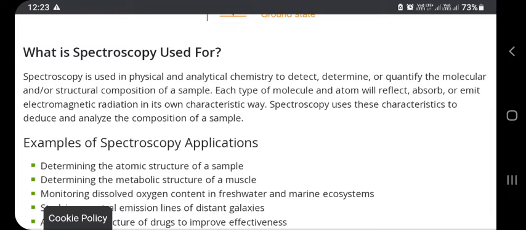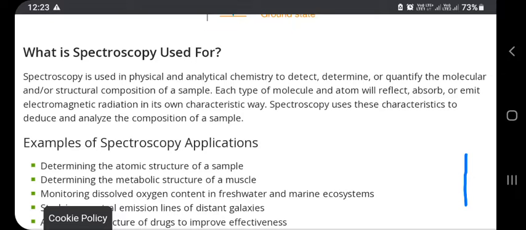This will represent the molecular nature and atomic nature of the molecule, which speaks about either absorption or emission of a particular electromagnetic radiation. So, it depends upon a characteristic molecule present in that sample.